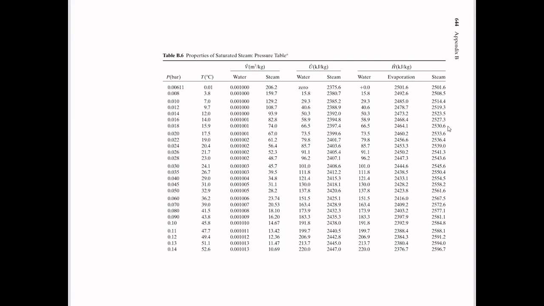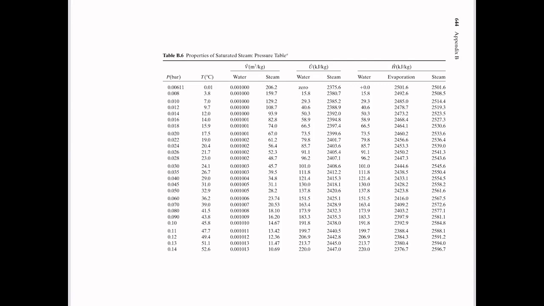Now there are three specific enthalpies under our study. First one is the specific enthalpy of saturated water. So this is the energy required to heat the water from 0 degrees Celsius to the boiling point.